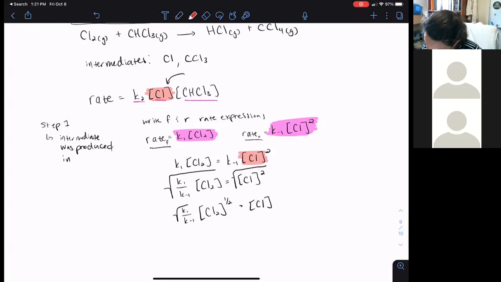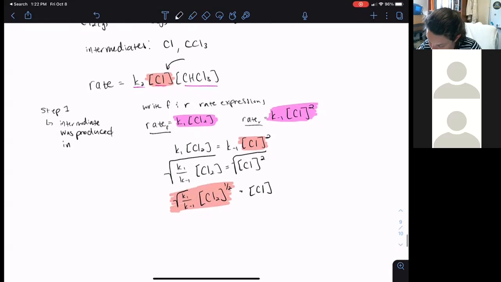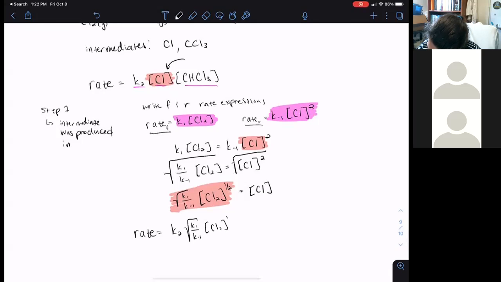And then this will go in for that Cl. We write it as rate is equal to K2 times the square root of K1 over K minus 1 times Cl2 to the 1/2.